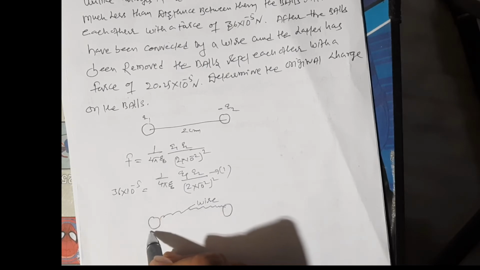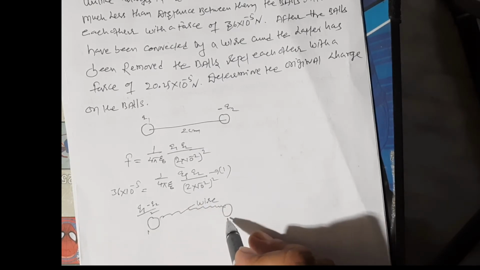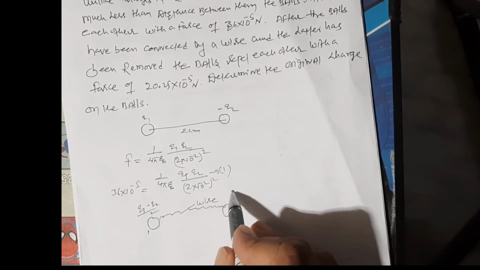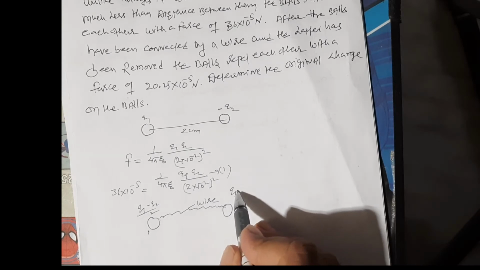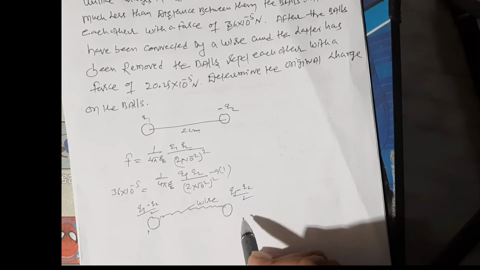That means the charge present on the first ball is Q1 minus Q2 by 2. The charge present on the second ball is also Q1 minus Q2 by 2. They share the charge equally.